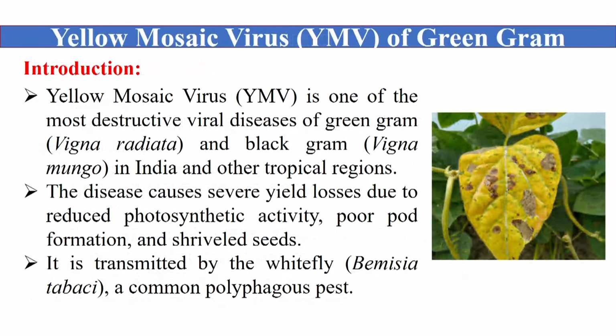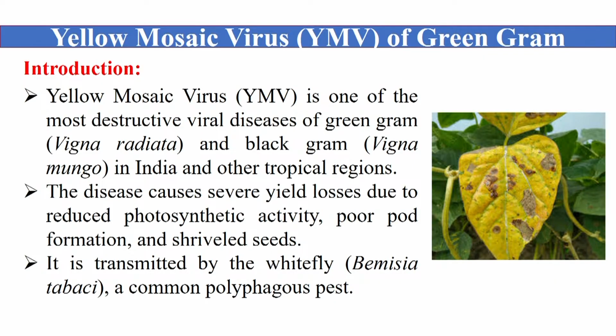Dear learners, the next pathogen is yellow mosaic virus, that is YMV, of green gram. This is a viral pathogen. Yellow mosaic virus is one of the most destructive viral diseases of green gram, that is Vigna radiata, and black gram also, that is Vigna mungo, in India and other tropical regions.